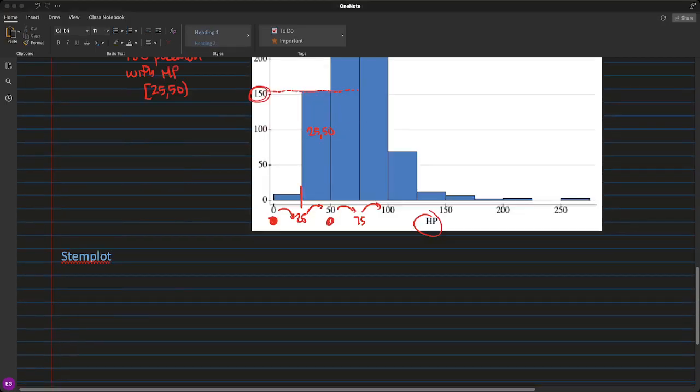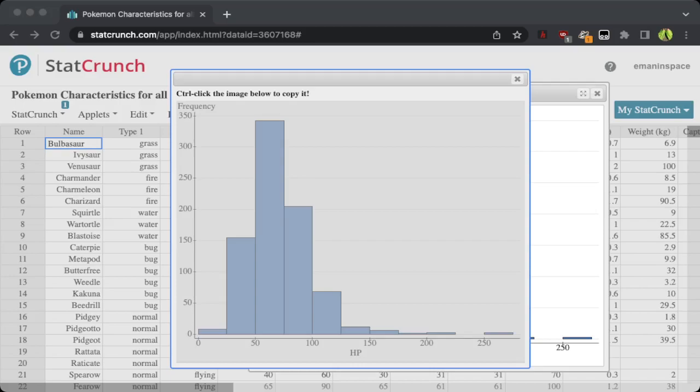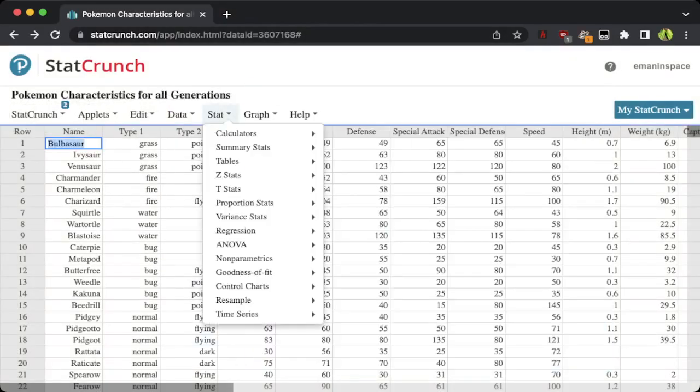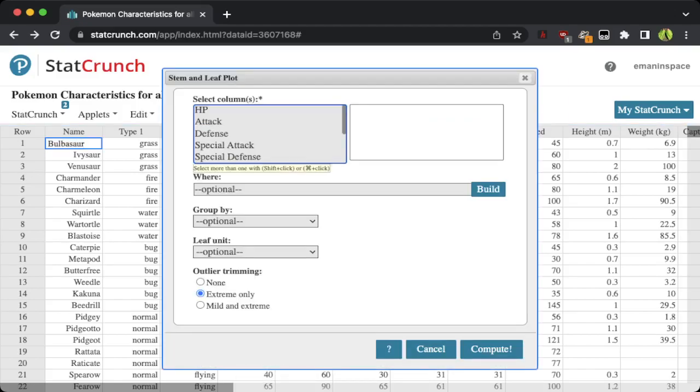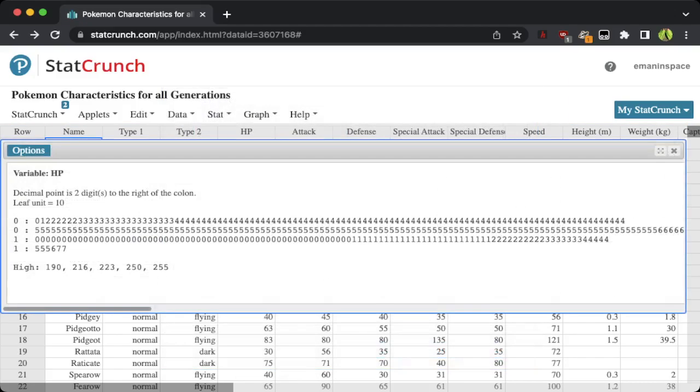So if you need to make a stem plot, again, you will go to Graph, because we're making a graph. And then it's called the stem and leaf graph. Choose the variable that you want, HP.